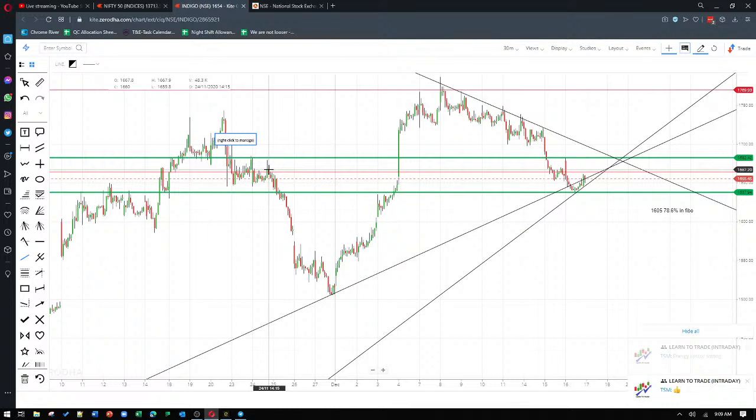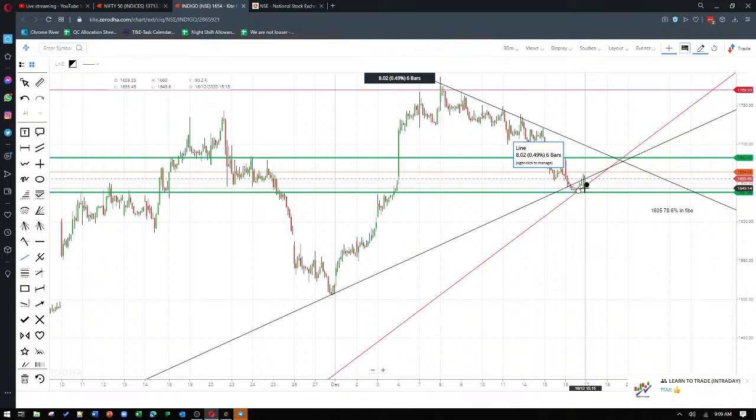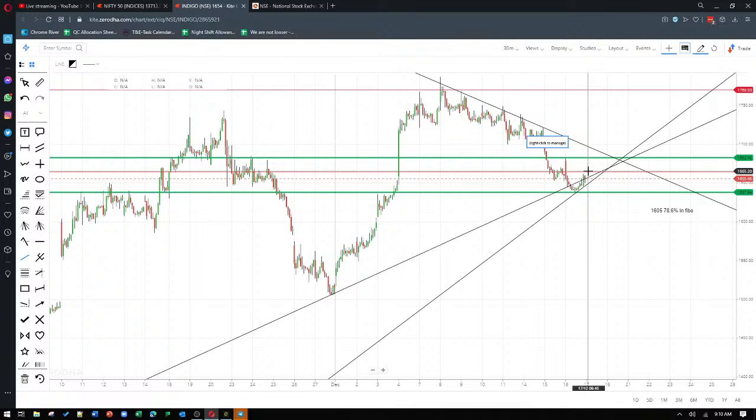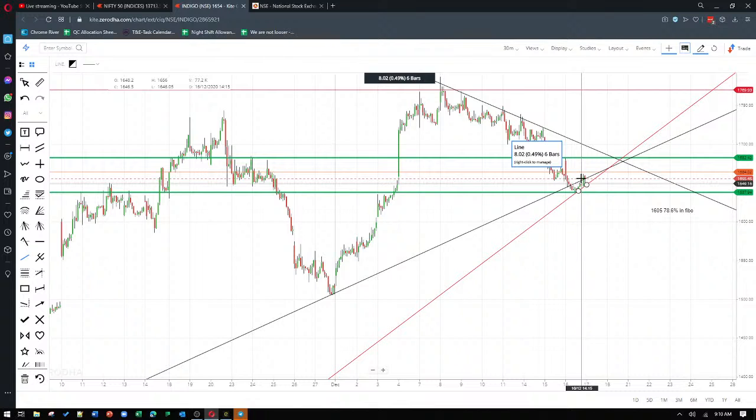Looking at the chart, when the price reaches here, it might reverse again from here, or if this entire zone is consolidating, it will break up or break down.